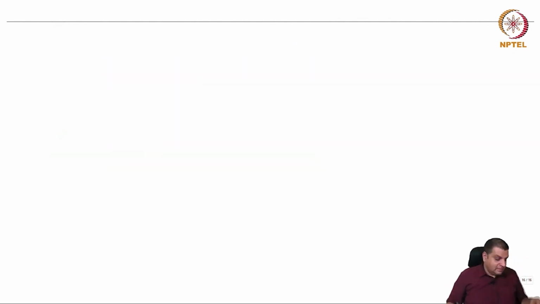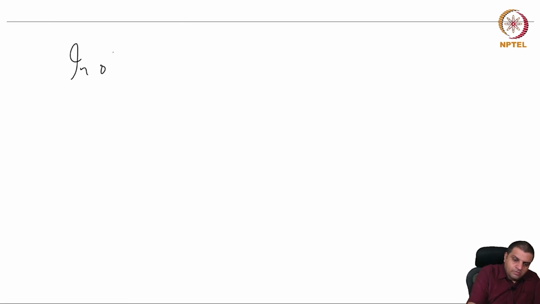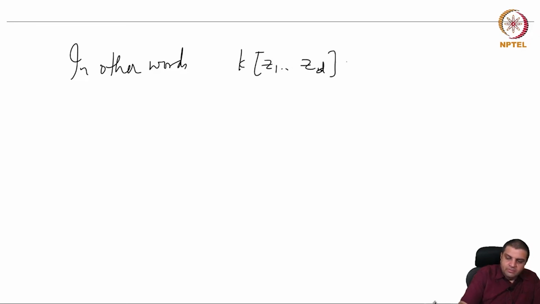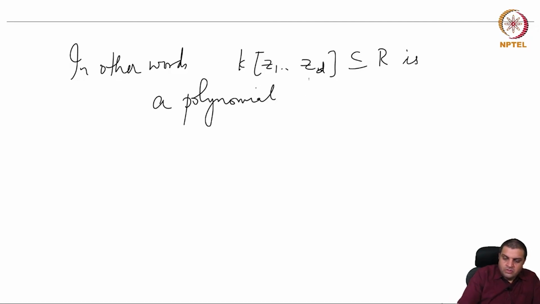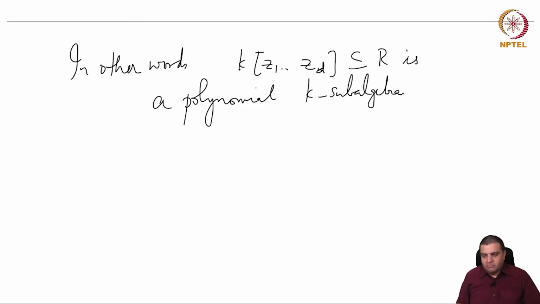Okay, so we say that these are algebraically independent. They behave exactly like variables. So in other words, K[Z1,...,ZD] inside R is a polynomial K-subalgebra. There are no algebraic relations among them. That's what algebraically independent is.